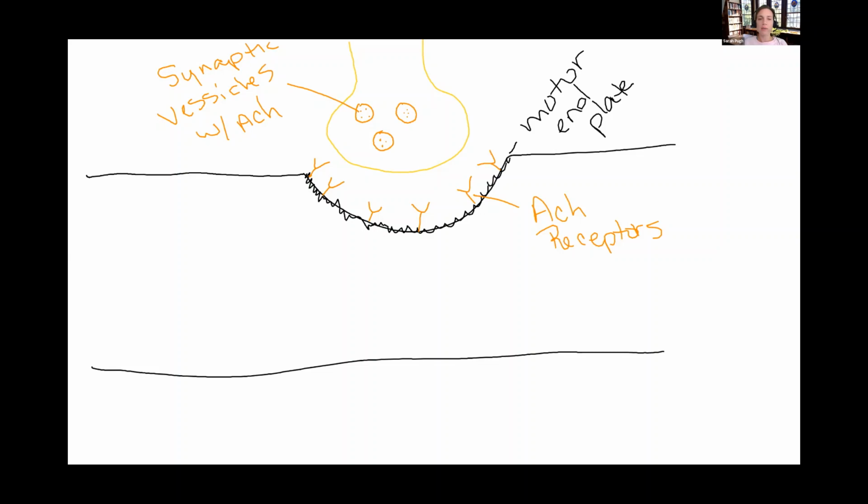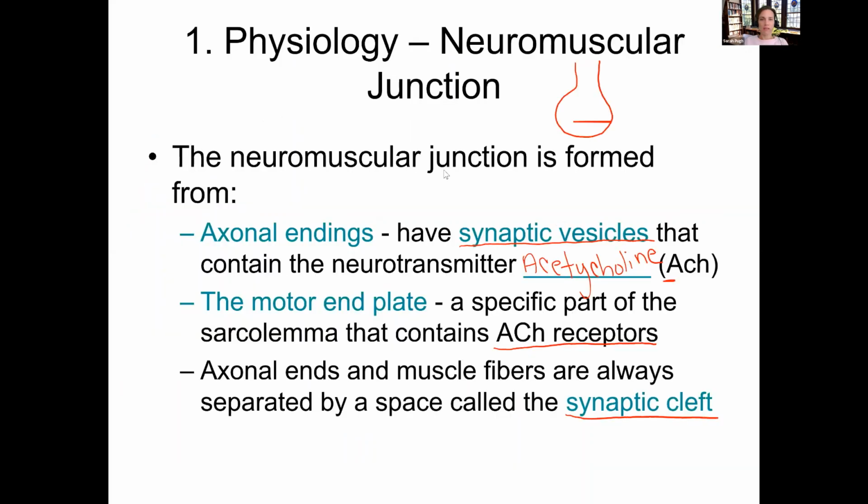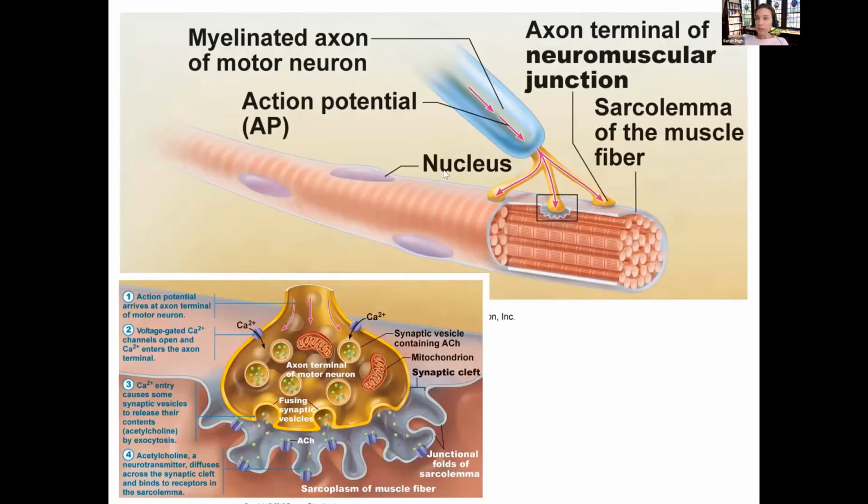All right, so let's go back to our PowerPoint and we'll add in this drawing from your book. So even though we're doing our own drawing, I do like to show you the images from the book so that if you're reading your textbook, then you can still relate it to what we're drawing out. So in this image, you are looking at one skeletal muscle cell, right?